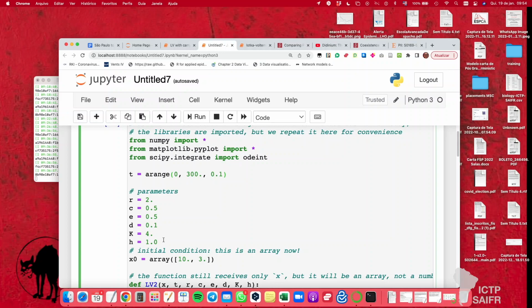As I told you, these are arbitrary units, okay? These are arbitrary numbers because these constants have units, actually, and I'm not writing down the units. So when I say that the handling time is 1, I'm not saying one day, one week, one hour, okay?